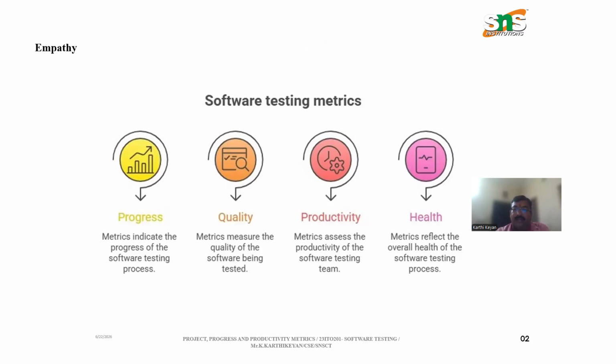Progress metrics indicate the progress of the software testing process, for example requirements, design, implementation, testing, and maintenance. Requirement: first collect the requirements from your stakeholders and customers, then verify and segregate them one by one. Once the design is complete, showcase it to the customer or stakeholder.